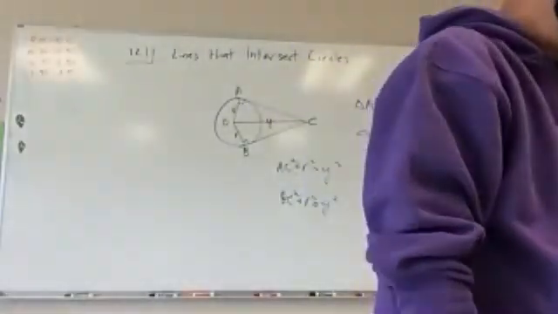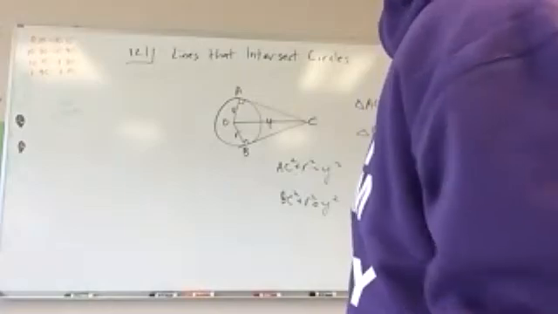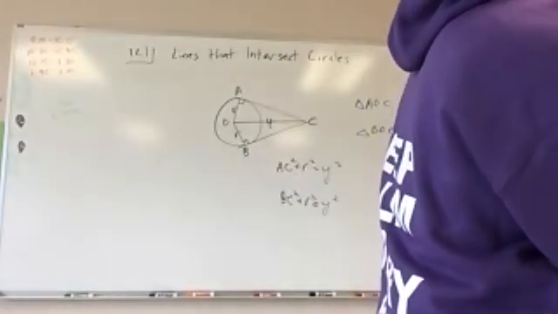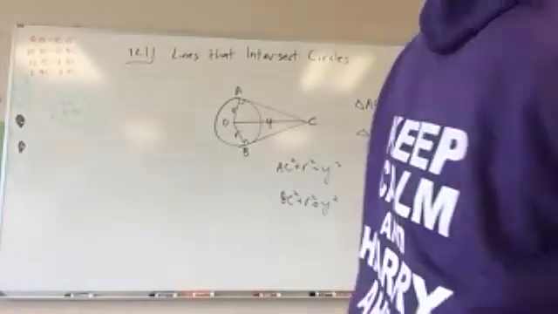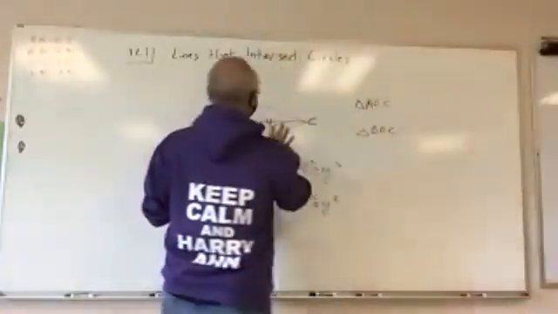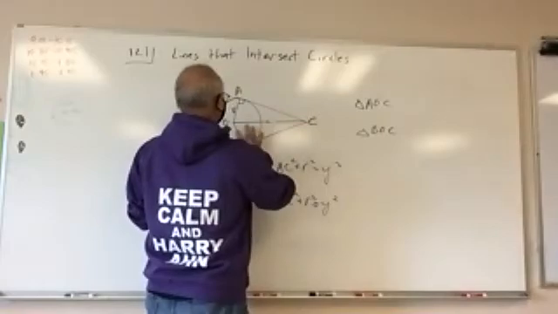All right, let's go ahead and flip the page. Let's see if we can solve this. Example number 4, using properties of tangents. In this one, I'm not going to rewrite the figure because I'm lazy.